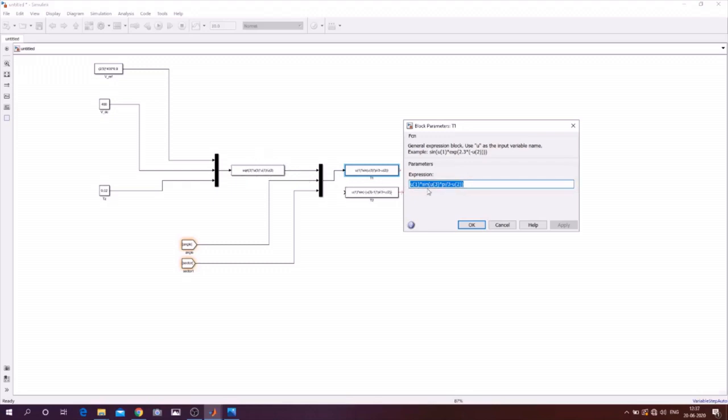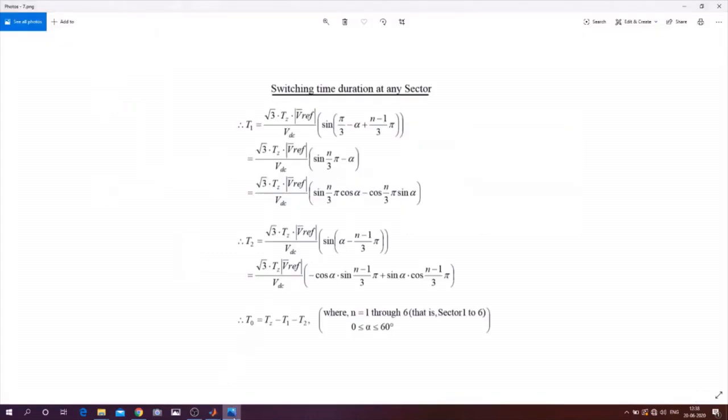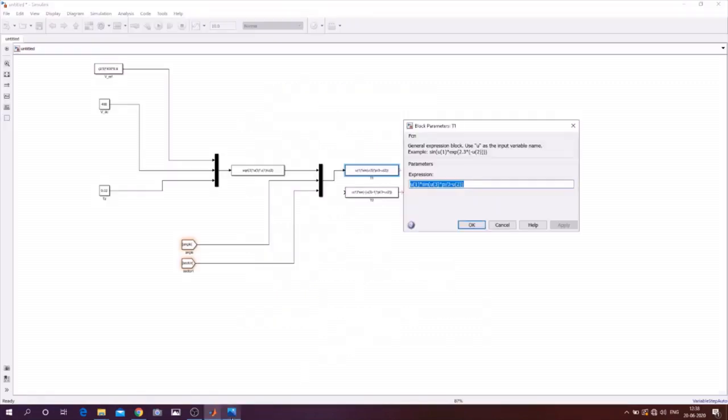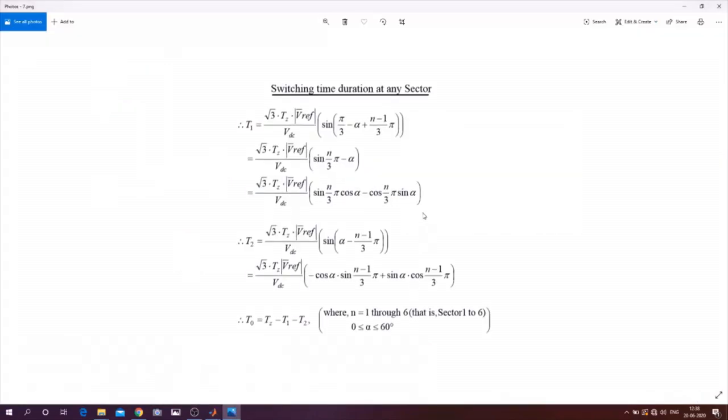Sine of U3, that is sine of this sector, into pi by 3, that is sine n pi by 3 minus angle minus alpha. So you can easily see this one, that you can write it as sine n pi by 3 minus alpha if you reduce this formula more.